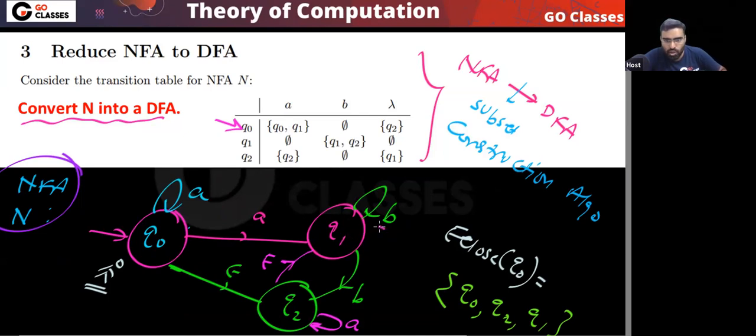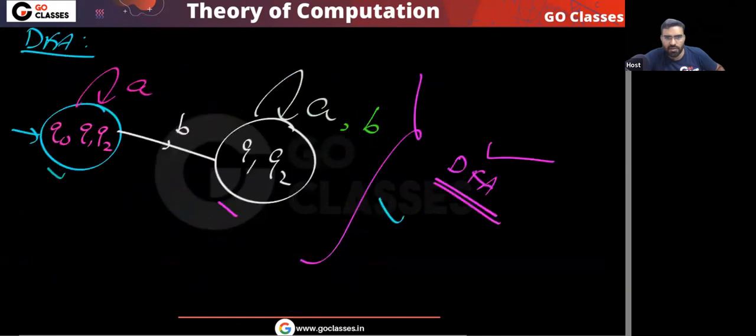This state Q1 on symbol B is going to Q1, Q2. And from here, for free, you are going to Q1, Q2. So there is a self loop. Is this clear, Kavya? So your final answer will be this only.